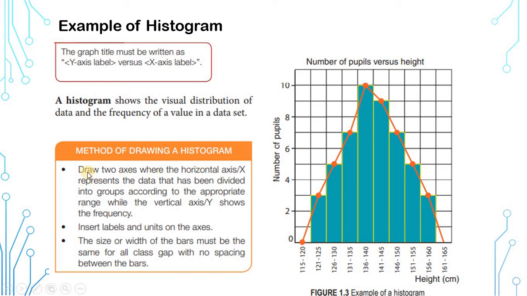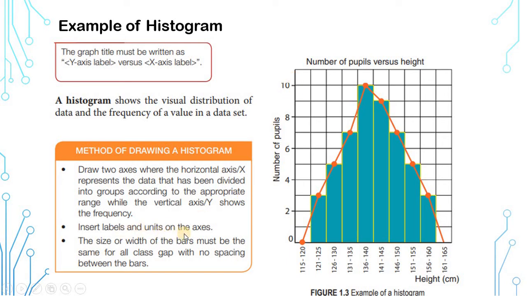First, draw two axes, where the horizontal x-axis represents the data that has been divided into groups according to an appropriate range, while the vertical y-axis shows the frequency.